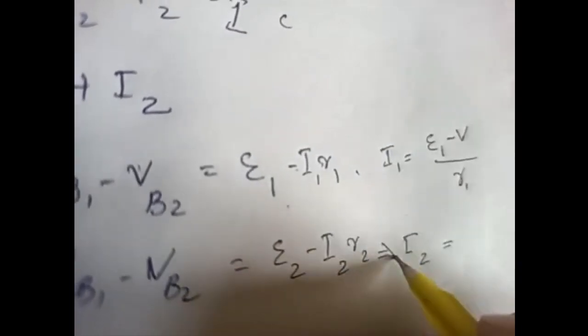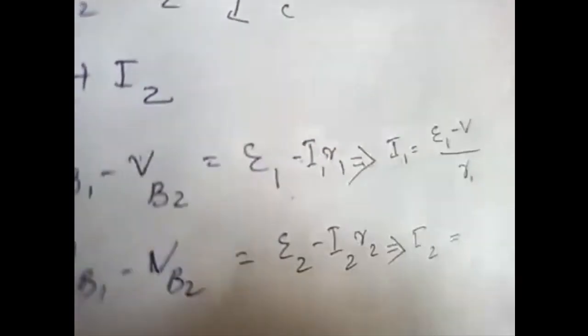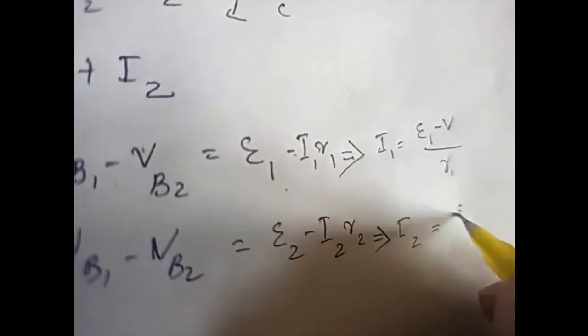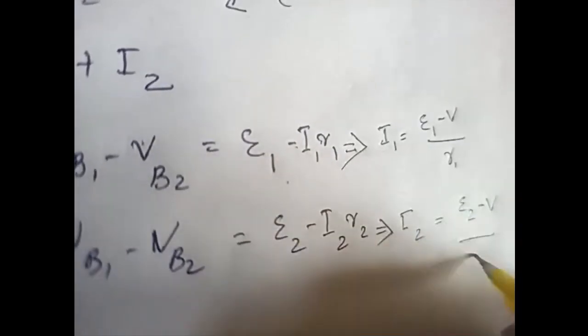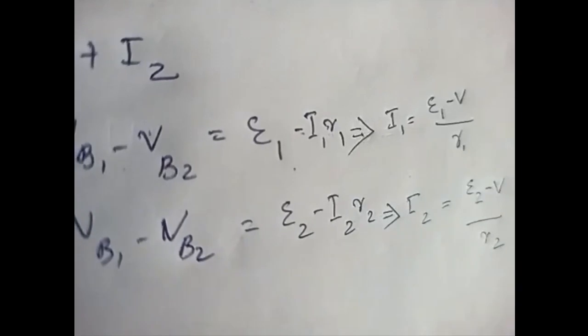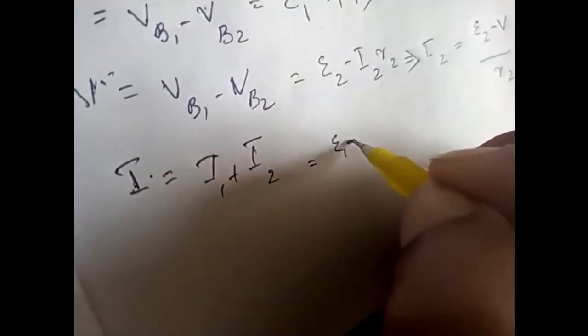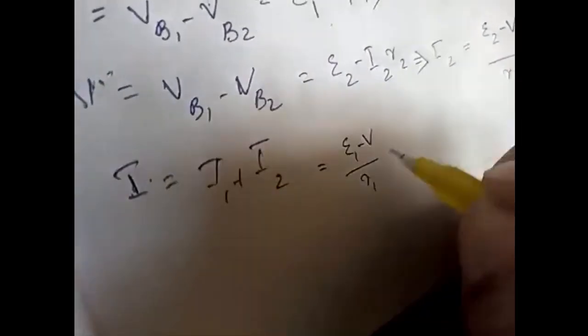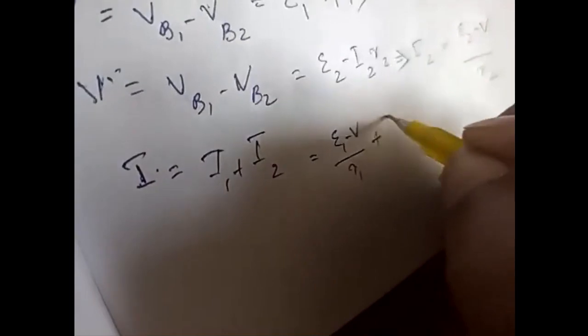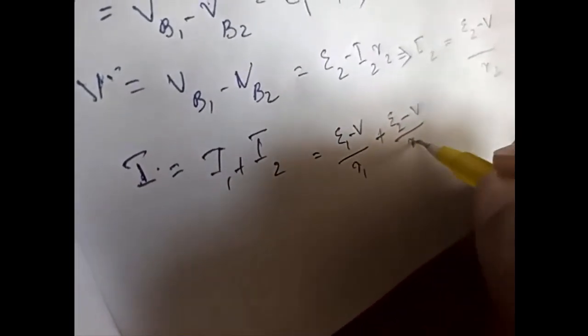Similarly, I2 will be equal to (E2 minus V) by R2. In order to find the total current, I1 plus I2 is equal to (E1 minus V) by R1 plus (E2 minus V) by R2.